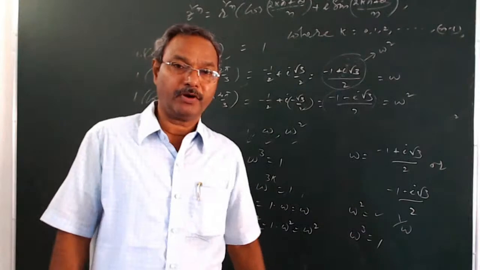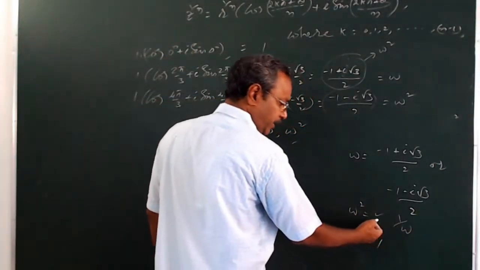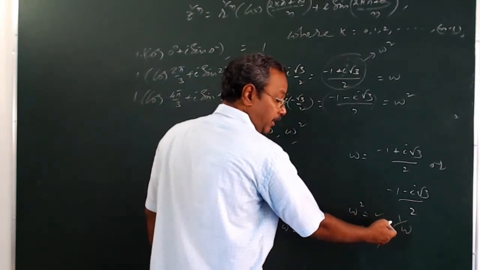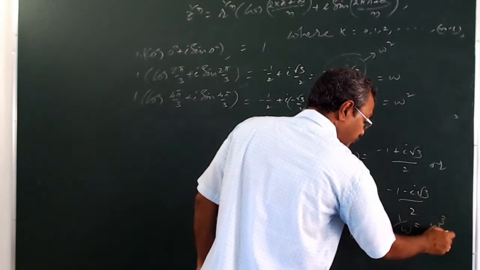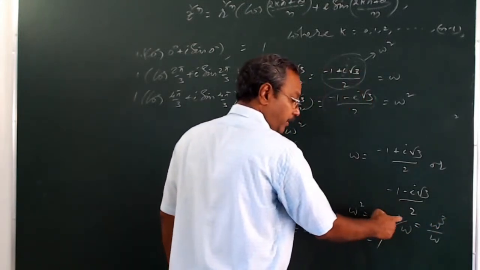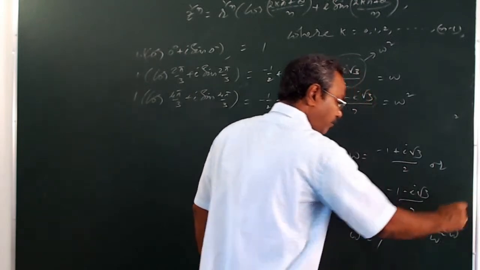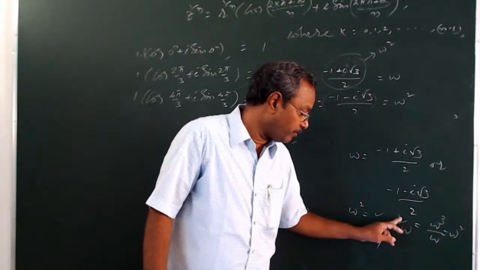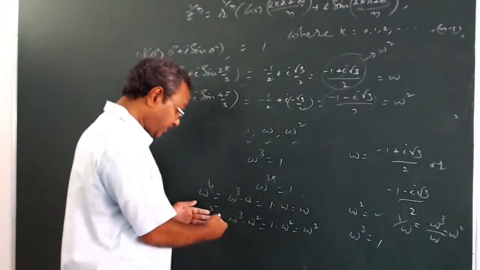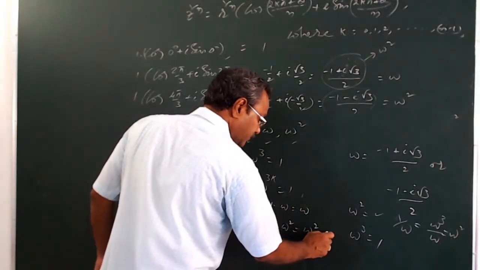How? That is pretty simple. Omega square can be written as 1 by omega, since 1 by omega is omega cube by omega, because our 1 is omega cube. So omega cube by omega is omega square. That's why omega square is 1 by omega. So you can write omega to the power of 5 as omega square, or as 1 by omega.